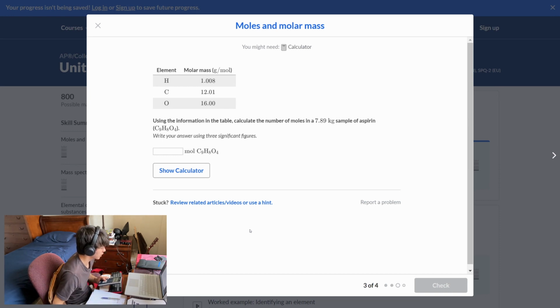And we have 7.89, which is 7,890 grams of it. So we go 7,890 grams divided by 168 of them makes 1 mole.